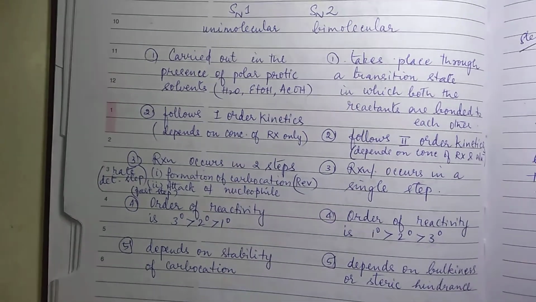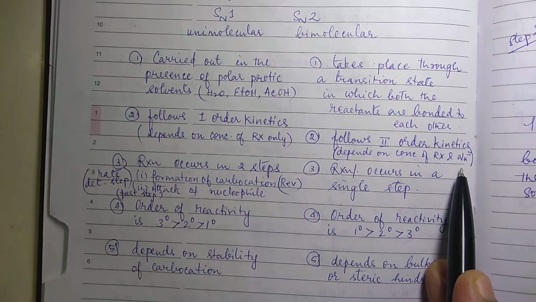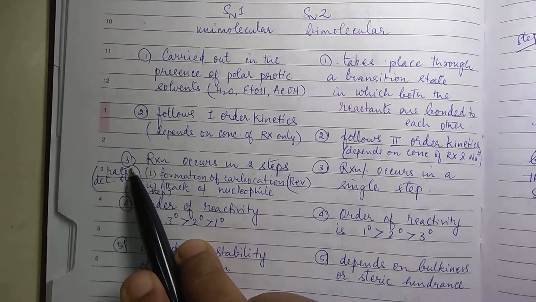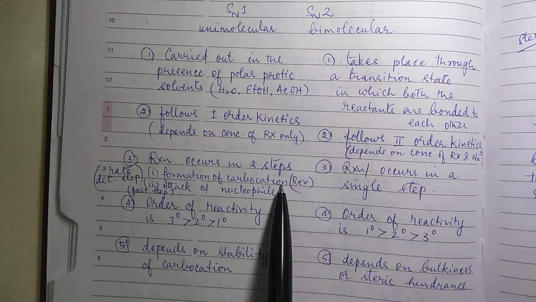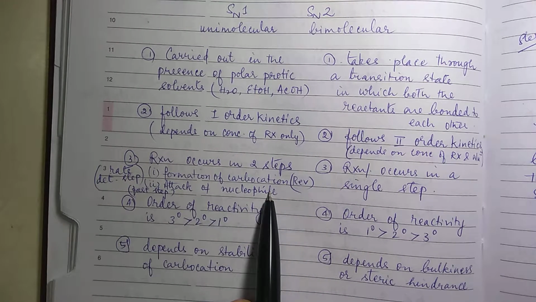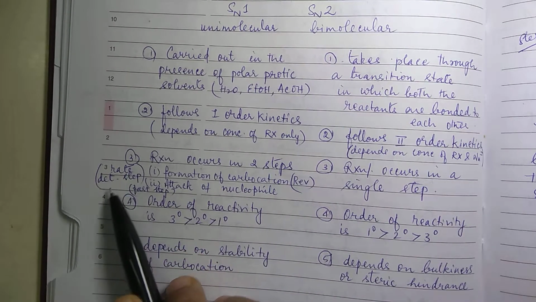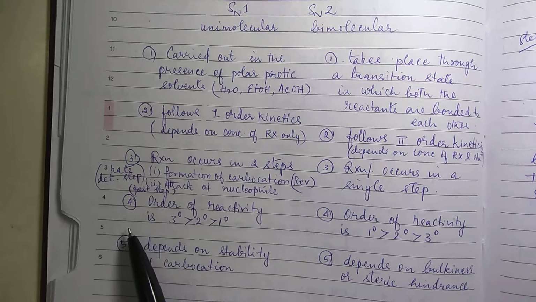Whereas in the case of SN2, it depends on the concentration of both alkyl halide as well as the attacking nucleophile. Then SN1 reaction occurs in 2 steps. First step is formation of carbocation, and then second step is attack of nucleophile. This formation of carbocation is the rate determining step, and the attack of nucleophile is the fast step.